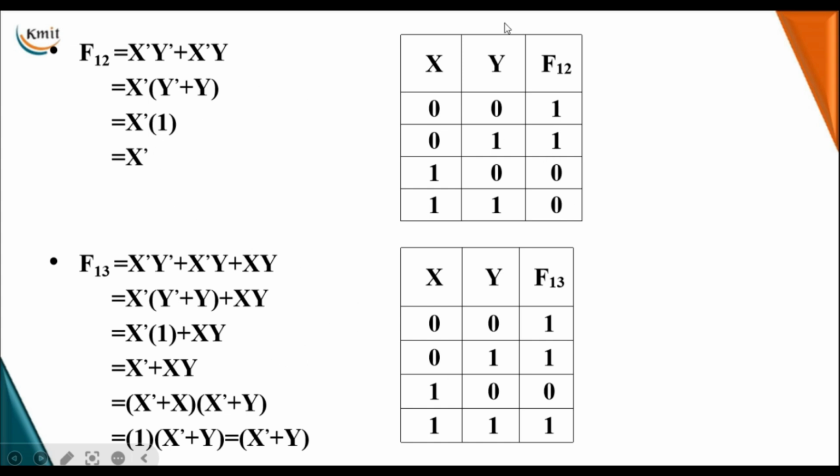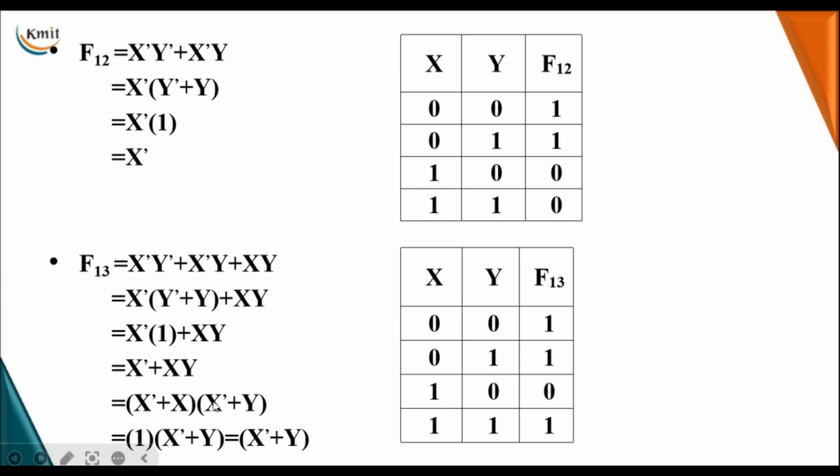So next F13 gives you three output functional values for the combinations 0 0, 0 1, 1 1. So now 0 0 is replaced with x bar y bar as a product term, 0 1 is replaced with x bar y and 1 1 is replaced with xy.